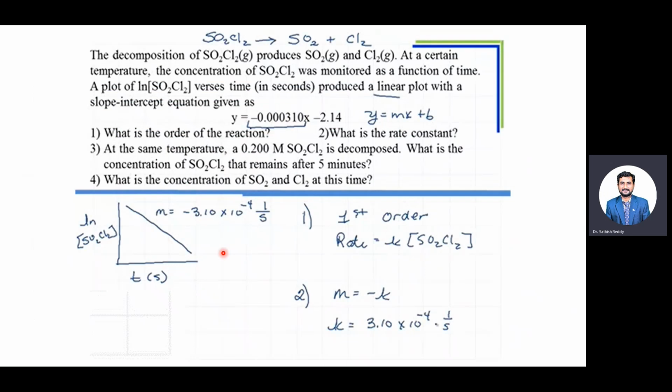Then there is a problem on how to find the rate of reaction, related to first order reactions. There is one reaction: SO2Cl2 gives SO2 and chlorine gas. Decomposition of SO2Cl2 produces SO2 gas and Cl2 gas at a certain temperature. The concentration of SO2Cl2 was monitored as a function of time.